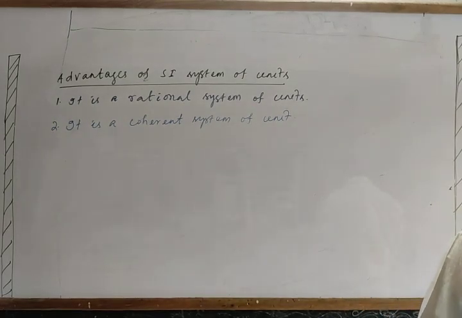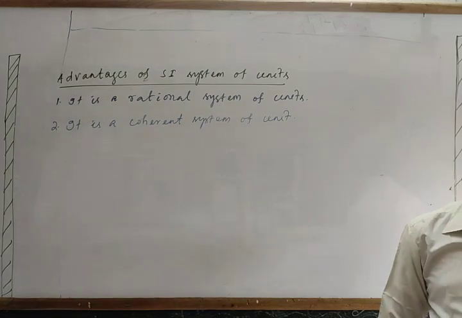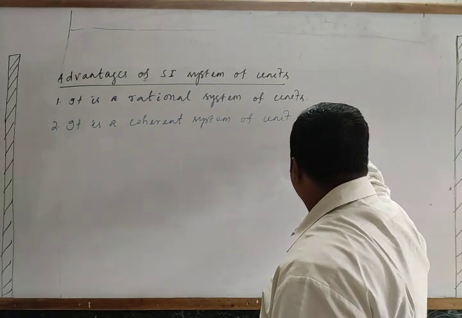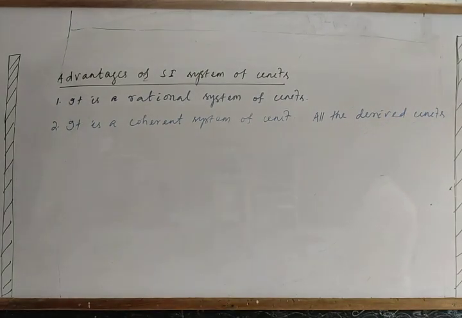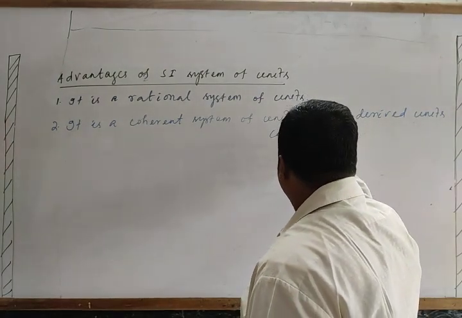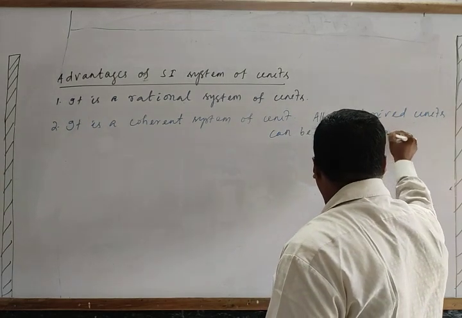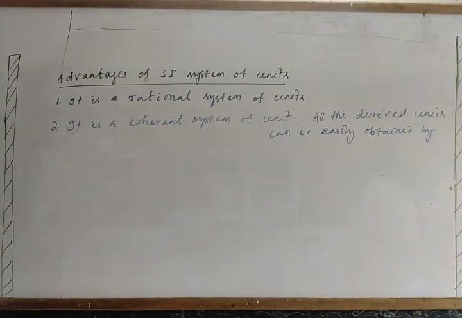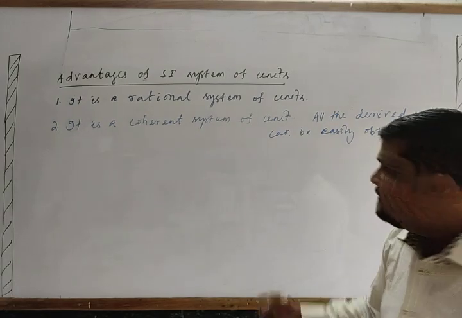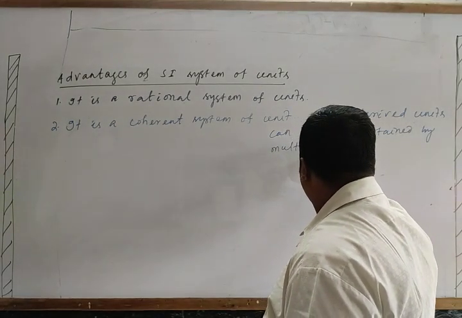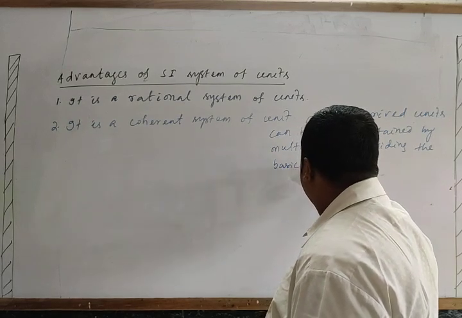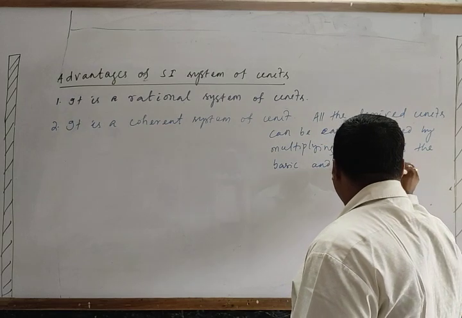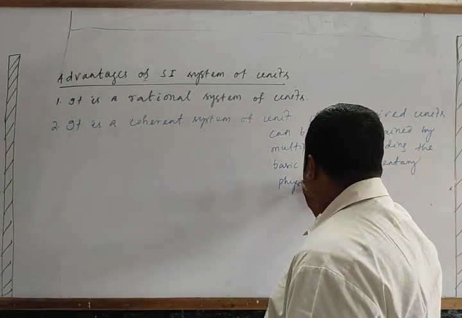So what it means is that the coherent system of unit means, in this system, all the derived units can be easily obtained by multiplying or dividing the basic and supplementary physical units.